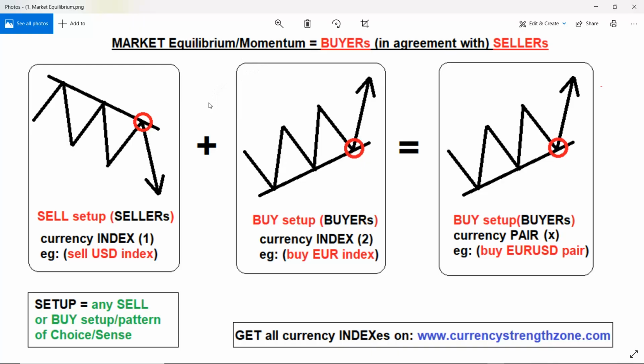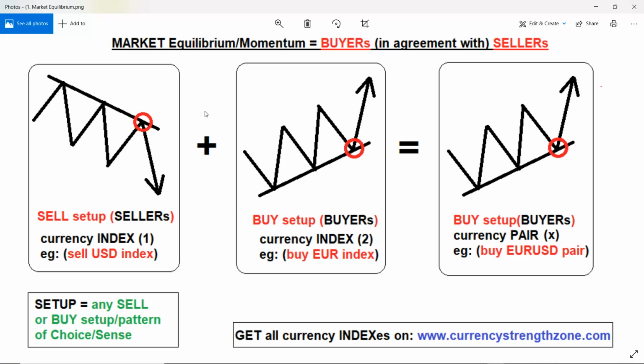This system is whereby on various charts, instead of making decisions on the currency pairs, for example Euro USD, instead of making a decision right away on Euro USD, we rather make our decisions using the currency indexes.